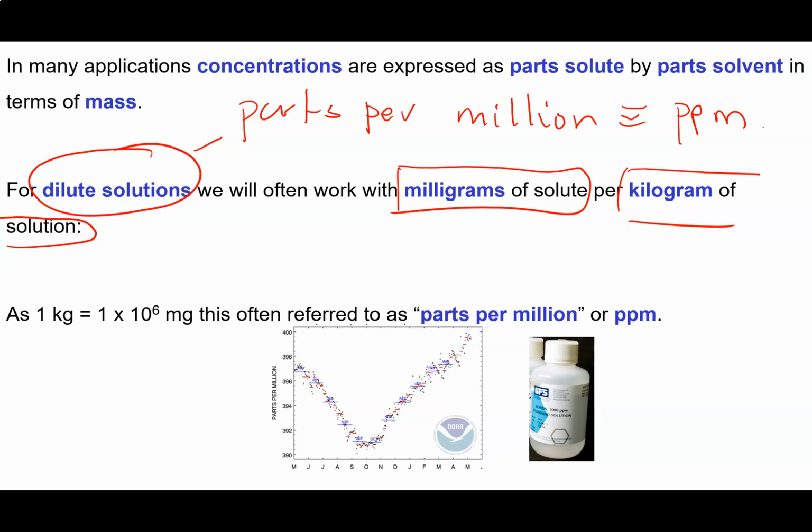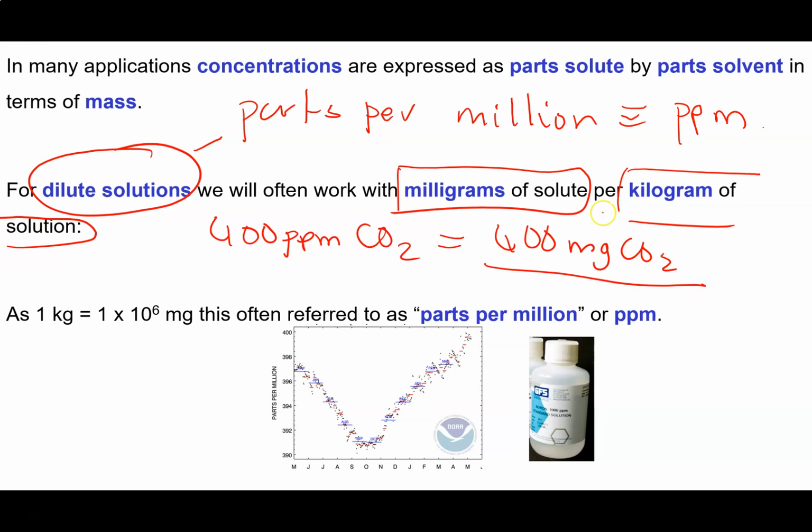So if I write something as having 400 ppm of carbon dioxide, what that means is that I've got 400 milligrams of carbon dioxide for every 1 kilogram of solution. Why does it work out to be ppm? Because in 1 kilogram of something, there are a million milligrams.